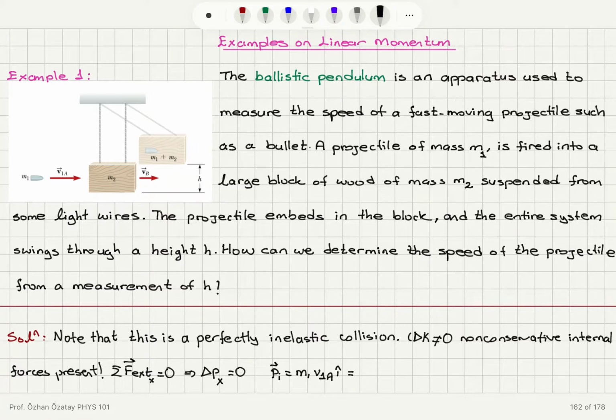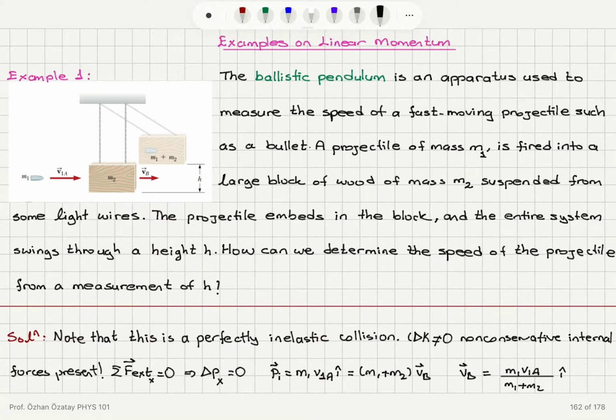This is equal to m1 plus m2 times the final velocity we call vb. So we find that vb should be equal to, in this collision process, m1 v1a divided by m1 plus m2 in the i hat direction.